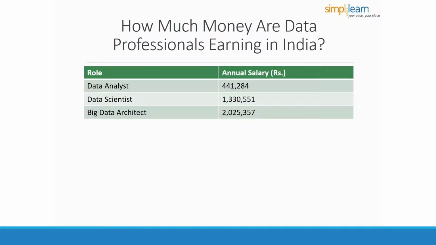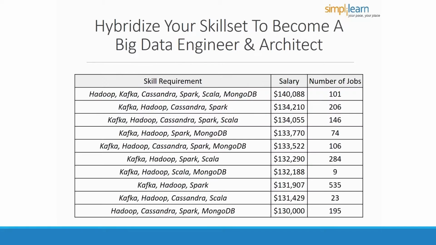Data scientists are earning 1.3 million rupees as an annual salary, and big data architects earn just over 2 million rupees per year. And all those hybrid roles where you can earn the real big bucks, this is what I was talking about.